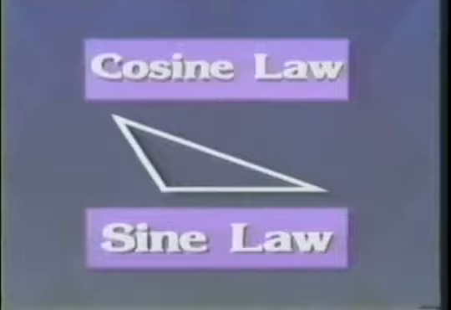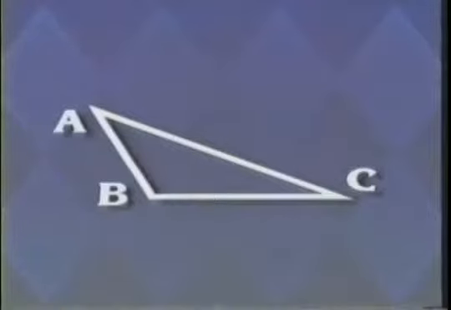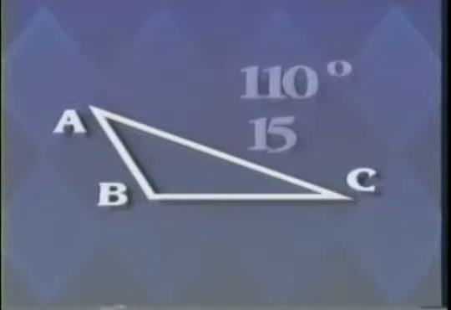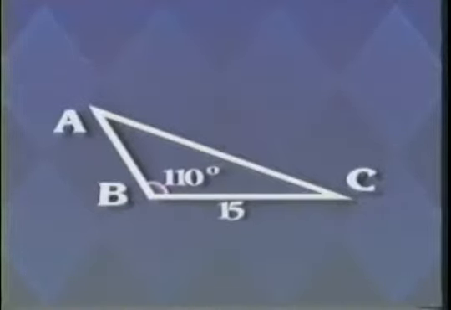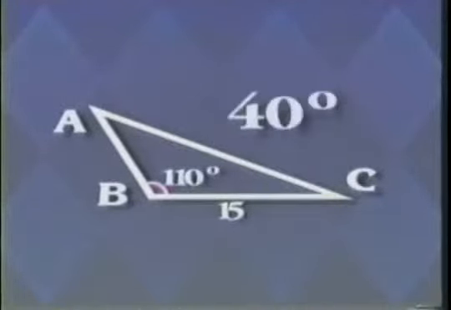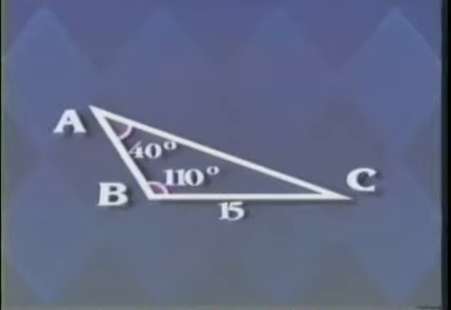To solve a triangle, first look at what we know. If we only know 2 pieces of information, like 1 angle and 1 side, then we can't solve for anything. So let's say we have at least 3 pieces of information. Now, how do we know which law to use?